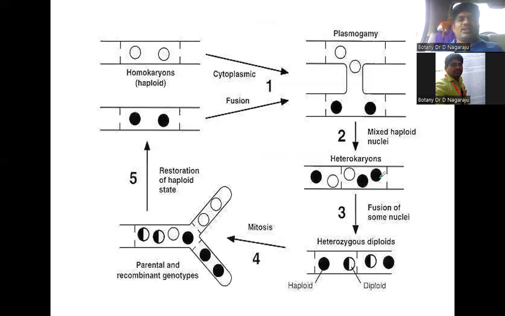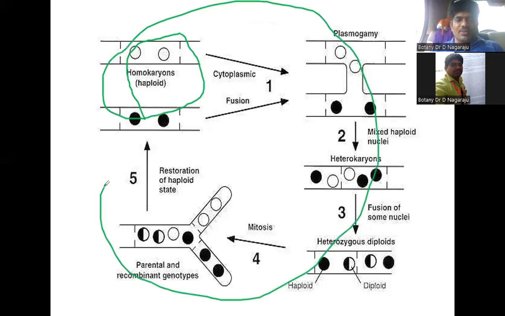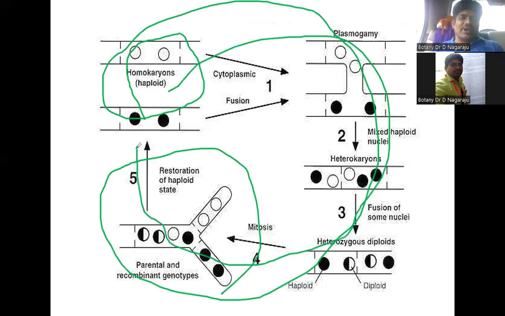You see, there is an interlink between heterothallism, heterokaryosis, and parasexuality. Here you see the parasexual life cycle. What is happening?